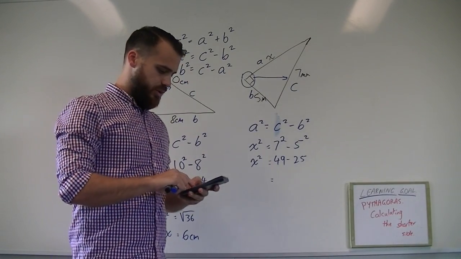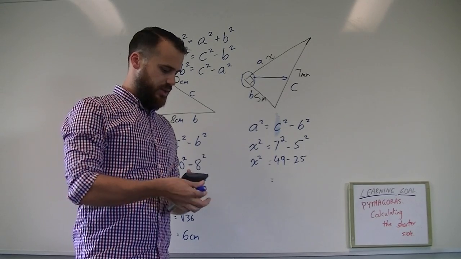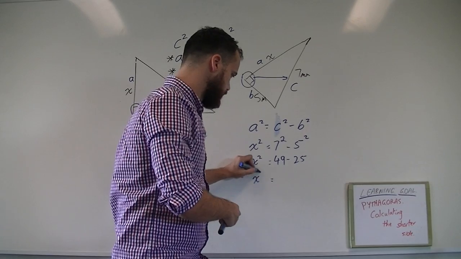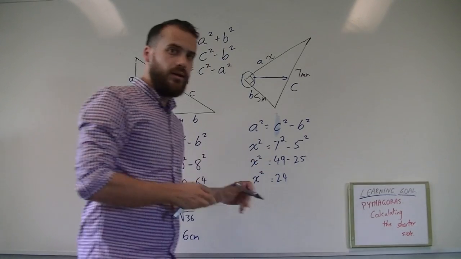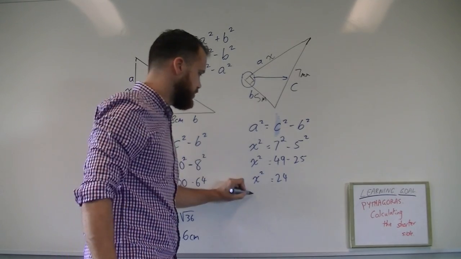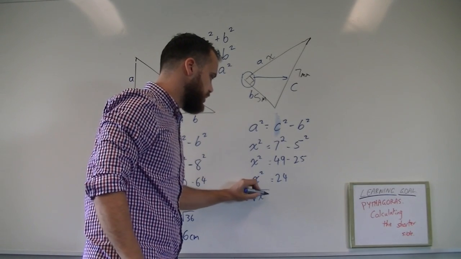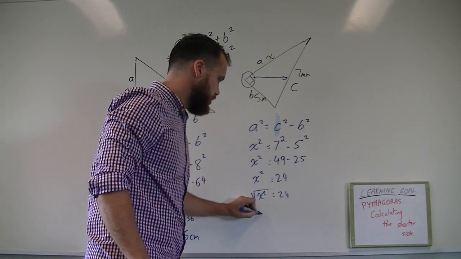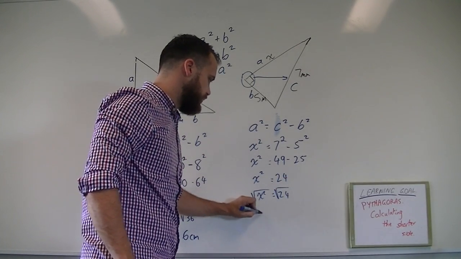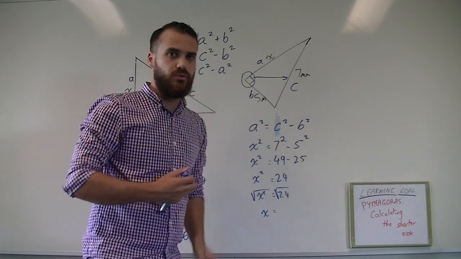Okay, 49 minus 25, that gives us 24. Now again, don't stop there, you've still got to figure out what x squared is. So, square root. x squared is equal to 24, square root, and then finish it off: x is equal to the square root of 24.